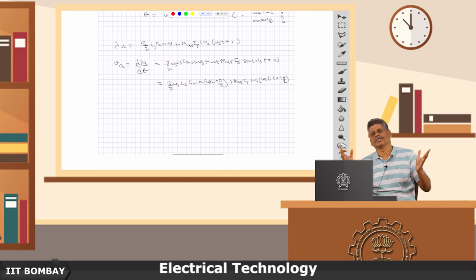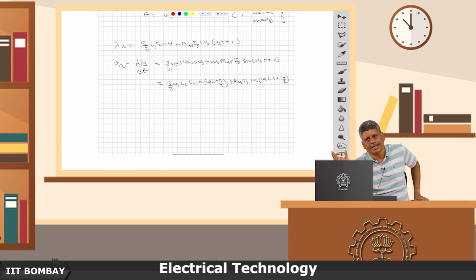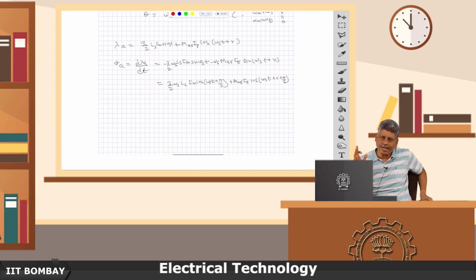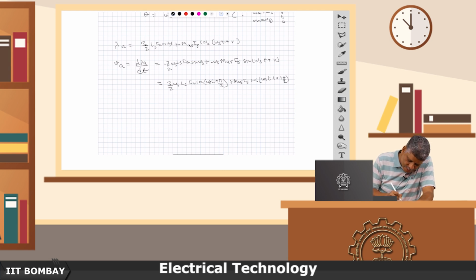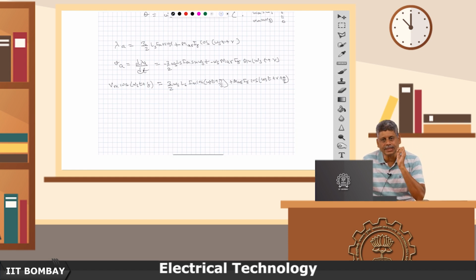Sinusoids when scaled and added still remain sinusoids, maybe with a different amplitude and some phase shift. So, I can write this as some Vm cos of omega s t plus delta, gamma is already used. So, now my job is to find out what this Vm and this delta are, that is the next job that I have to do.